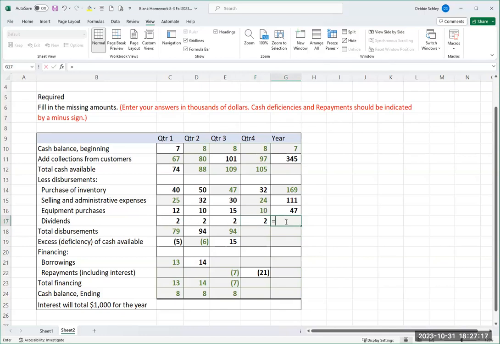Dividends, that is another one that we can sum across. And so we just add those together, and that equals 8 for our year total. Okay, total disbursements. Q4, this one right here, is going to be the sum of all of the disbursements.